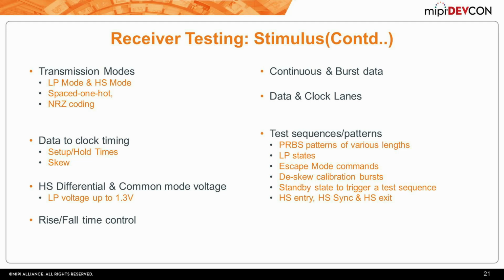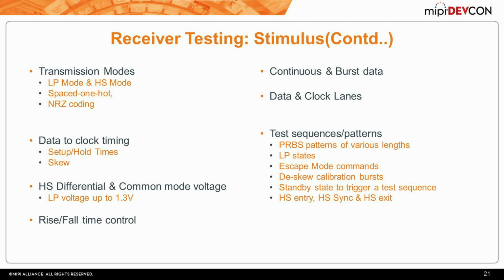First thing is you would need to generate a high-speed mode and a low-power mode. You need data, and you either need a continuous clock or a bursted clock. You would need to be able to do one-hot space encoding. And you also want to control the timings.